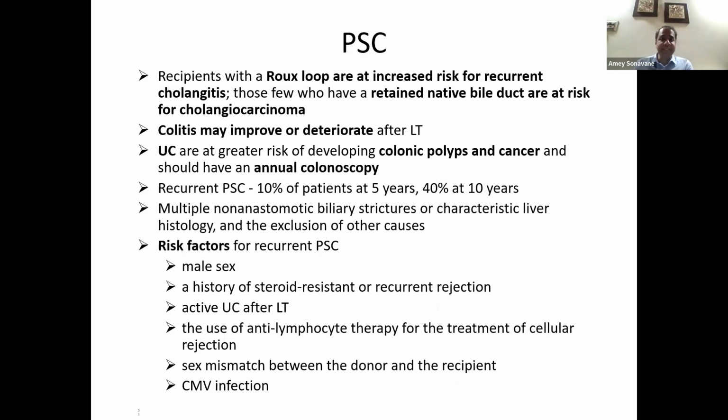The problem is PSC, which has a very high incidence of recurrence, almost 40% at 10 years. All these patients who have PSC to start with and undergo transplantation have an HJ, and we all know that in the Roux loop, there is an increased incidence of recurrent cholangitis.